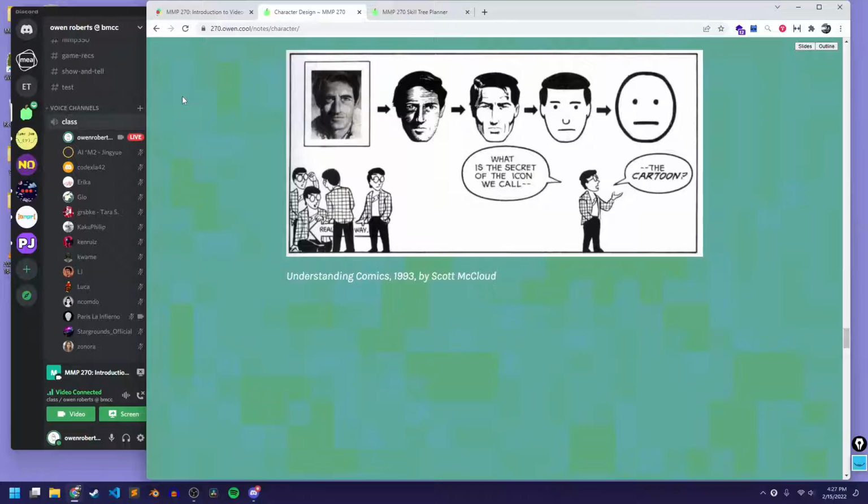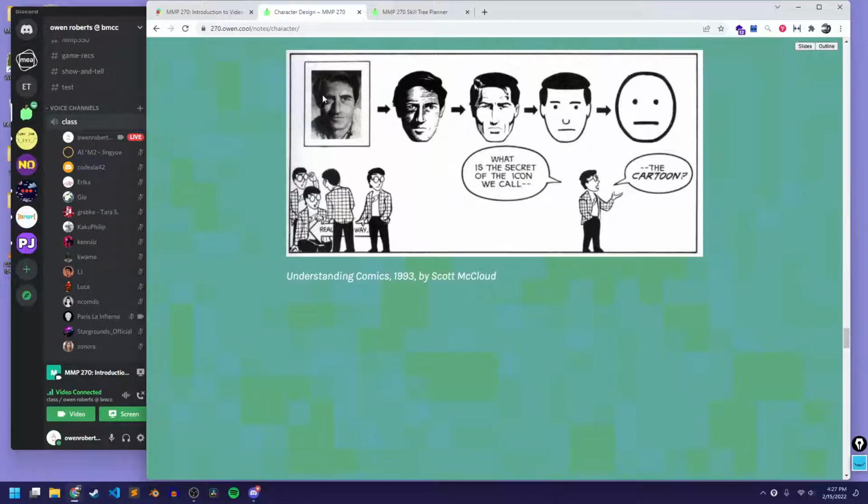And he really goes into visual language and how we communicate with comics. This is a really good example of the idea of a cartoon or an icon and how it relates to how we see things visually.